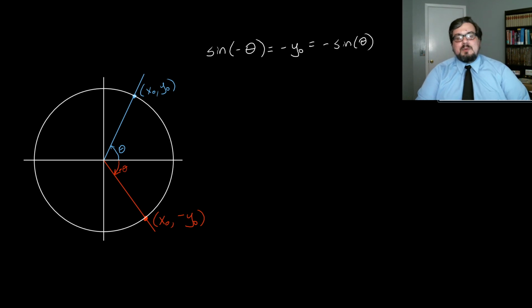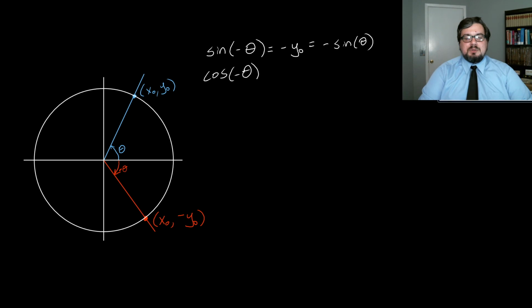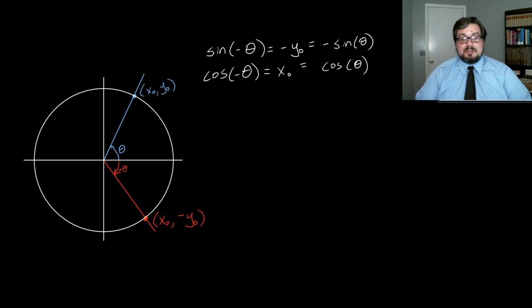So we see that when we take sine of negative theta, we get negative sine of theta out of it. But let's look at what happens with cosine. Cosine of negative theta is equal to the x coordinate that corresponds to negative theta, but that's just x0, which was exactly cosine of theta to begin with.